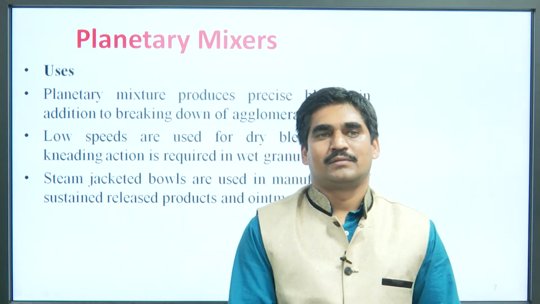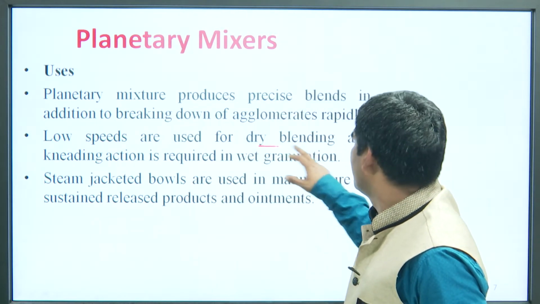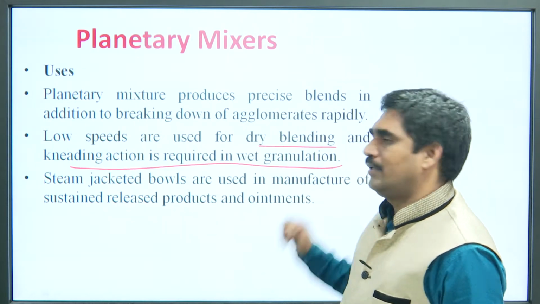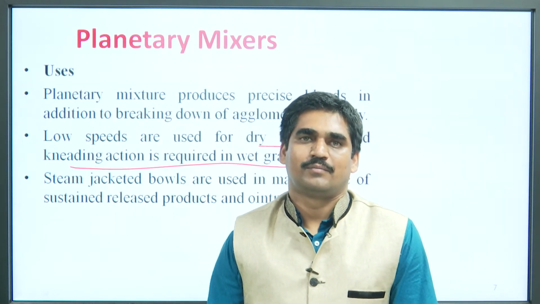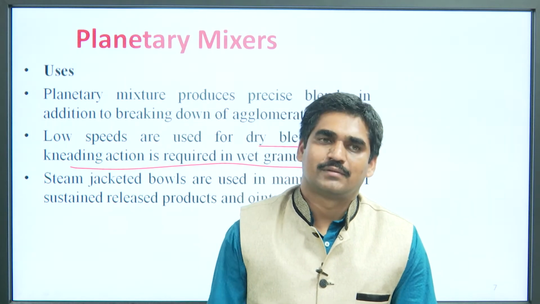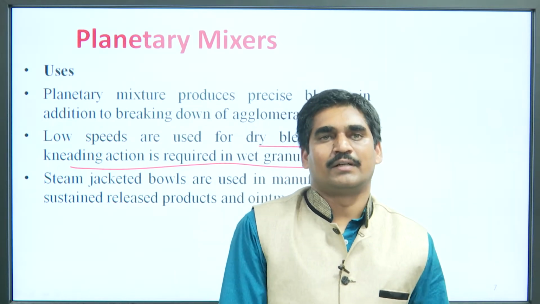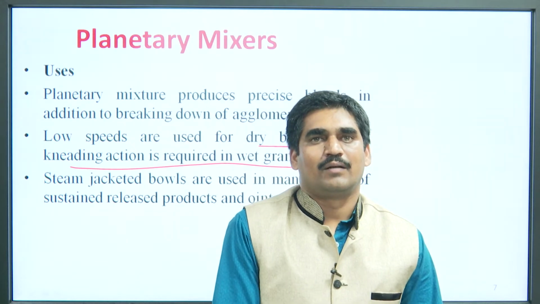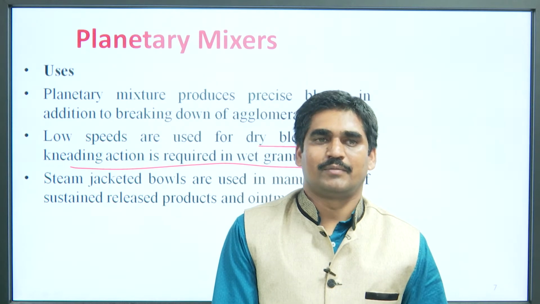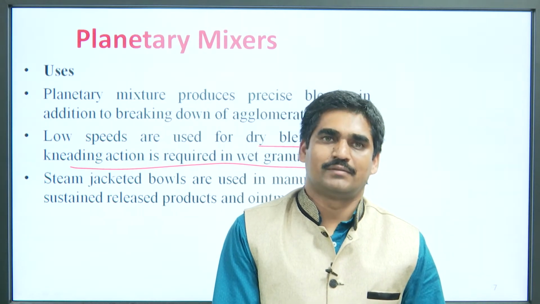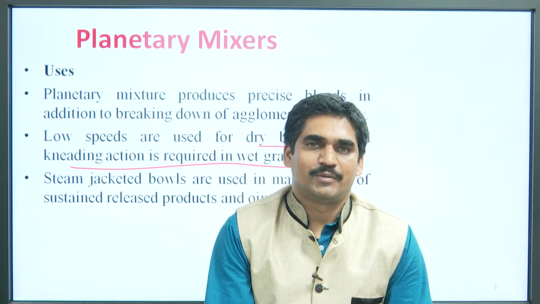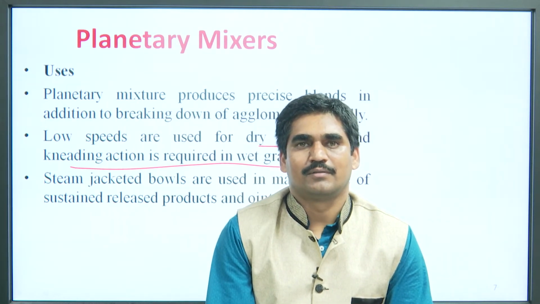Low speeds are used for dry blending purpose, and kneading action is required in the wet granulation process. So, as you see, with the help of planetary mixers both types of processes can be done, that is, it can be used for dry blending purpose as well as for wet granulation purpose.